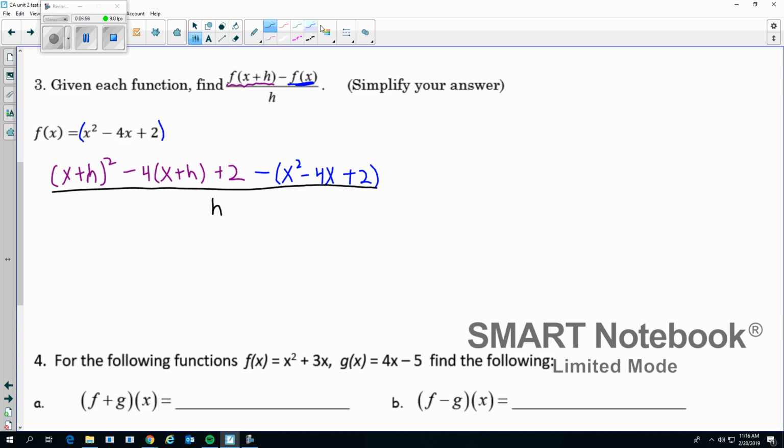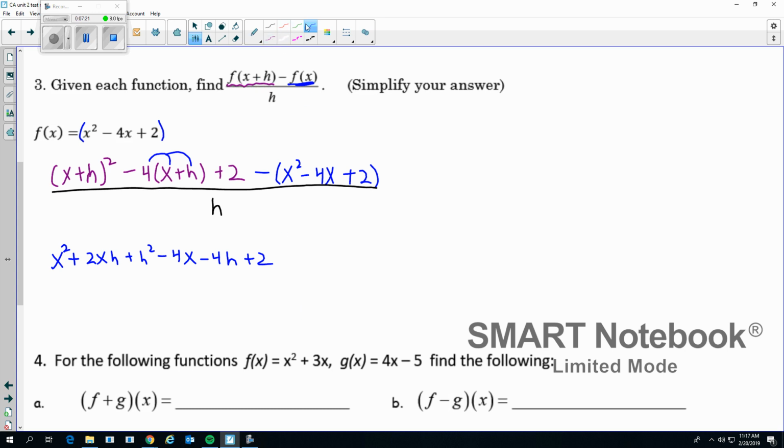So we'll start with squaring this. That should give us x squared plus 2xh plus h squared. Then we'll distribute the 4x here, so minus 4x minus 4h. Don't forget about your plus 2 right there.